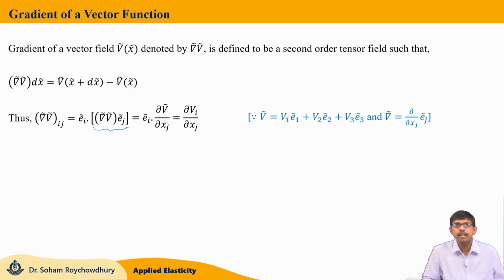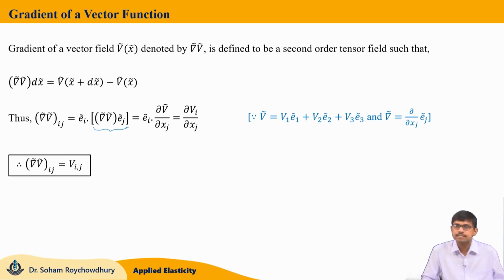If we are taking the dot product of the ei unit vector with another vector del V del xj, only the ith component will remain. So, this would become del Vi del xj, that is basically the derivative of the ith component of V with respect to the jth component of the position vector.